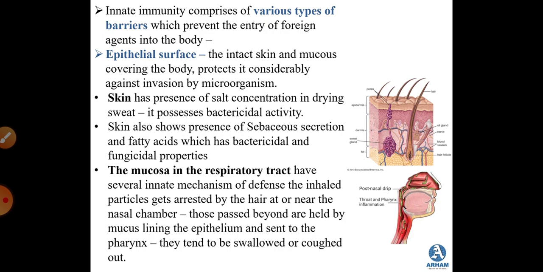Now skin has a salt concentration after the sweat dries up. We know that we sweat, and the sweat is slightly salty. After the sweat dries up on the surface of the skin, there is a salt deposition on the skin, and this salt concentration which remains on the surface of the skin possesses certain bactericidal activity.